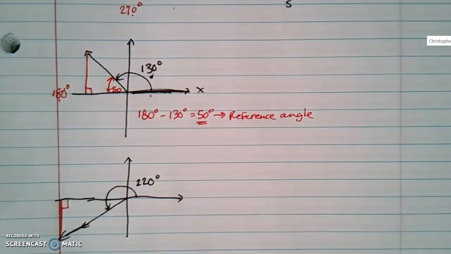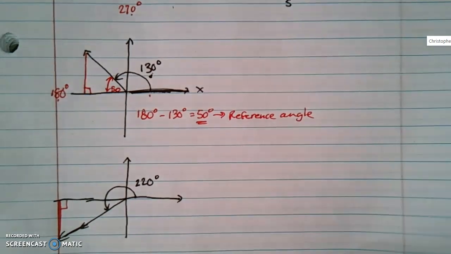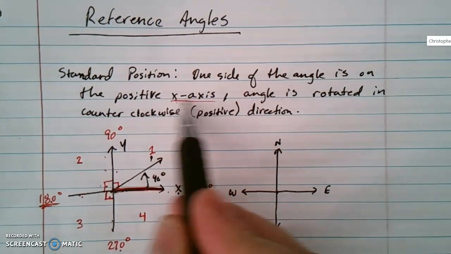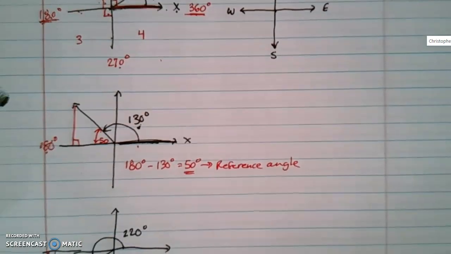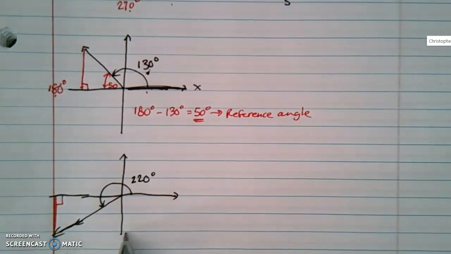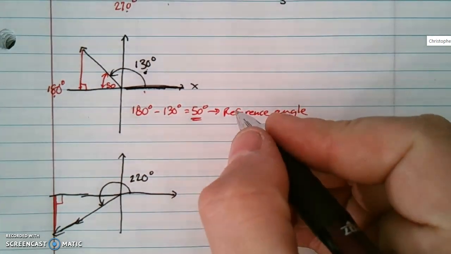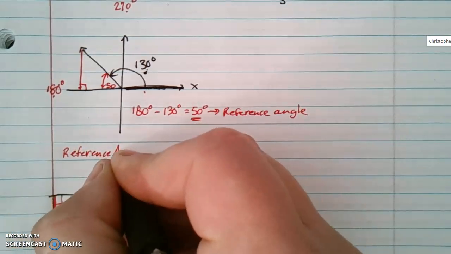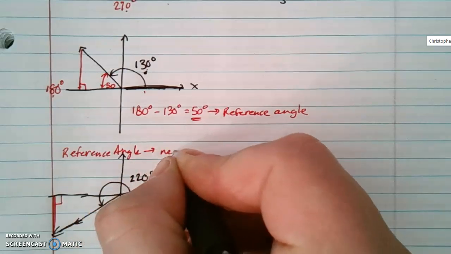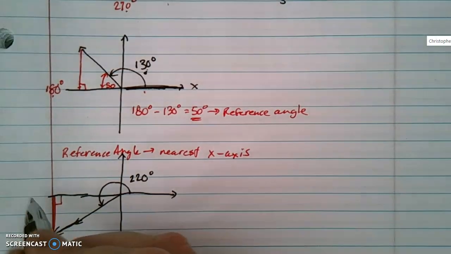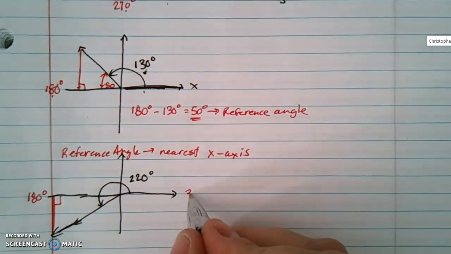x-axis. Here's the important part, because standard position is defined as starting on the x-axis. You must always go to the nearest x-axis. If you take this and you go over here, it is going to be wrong. So listen to me. To find a reference angle, go to the nearest x-axis, which is either going to be 180 or 360.